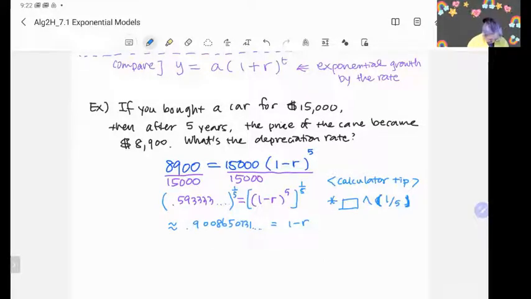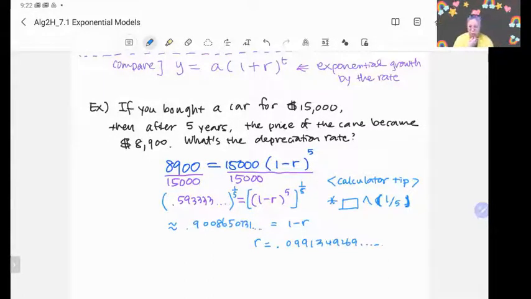Then r is 0.991349269 and so on. I just worked it out in advance.